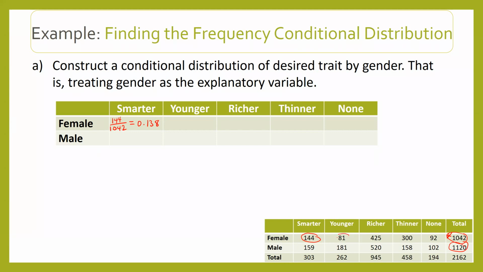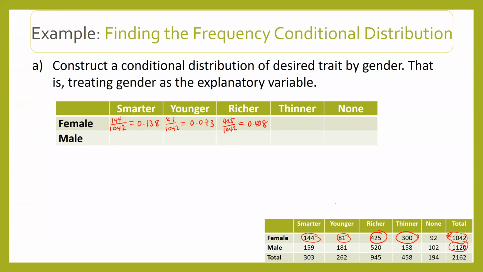And if I go to the next one, that will be 81 over 1042. If you use a calculator, you get 0.073. The next one will be 425 divided by 1042, which should give you 0.408.